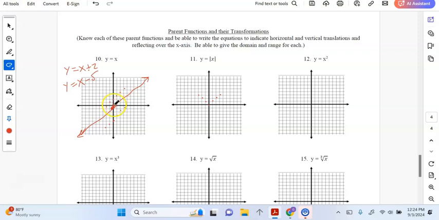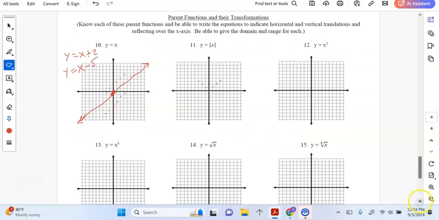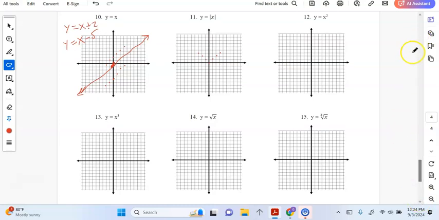I just missed it. So you start at the origin and you just count a slope of positive 1. All of these are going to have the origin in common. Every one of these parents will, well, I should say except for our last one. It's a little bit odd.